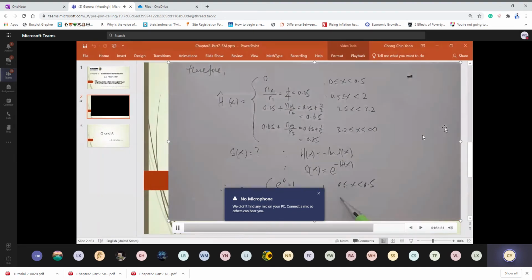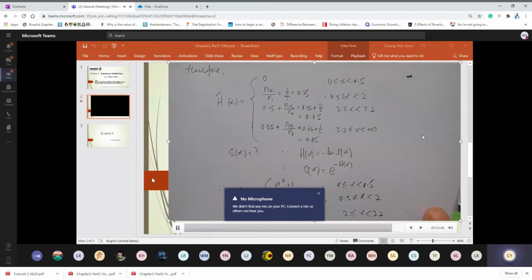So for the second interval, that is from 0.5 to 2, that will be exponential to the power of negative 0.25. And the third interval, that is from 2 to 3.2, we will have exponential to the negative of 0.65.